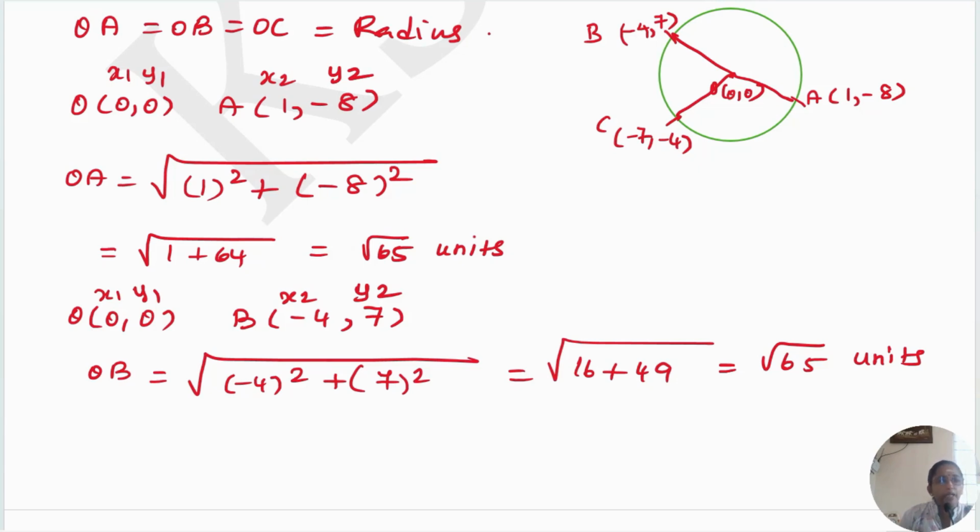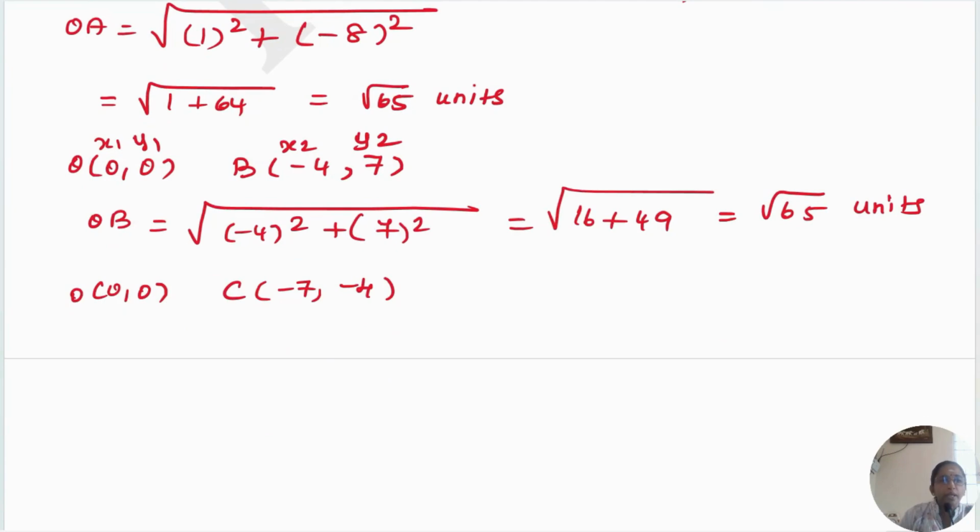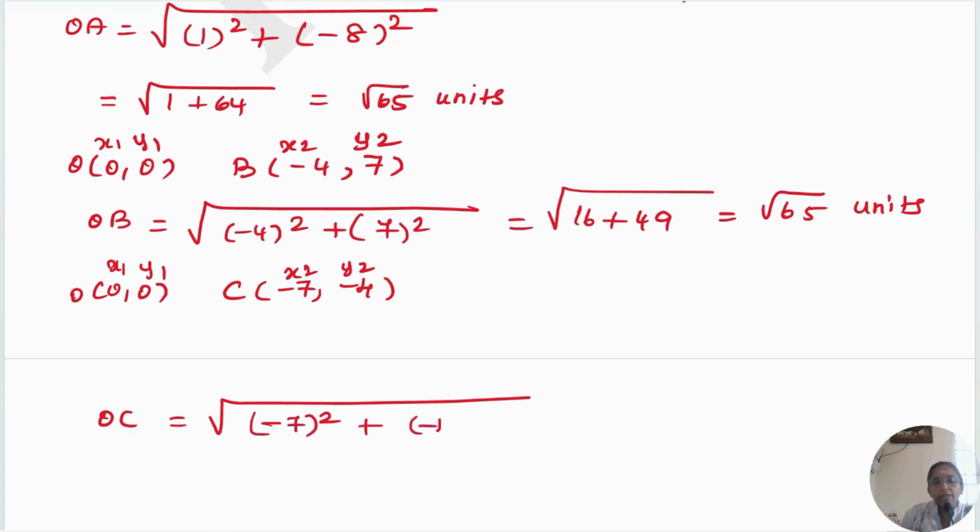And similarly, you calculate OC. O is (0, 0) and C is (-7, -4). So OC is equal to square root of (-7 minus 0) the whole square plus (-4 minus 0) the whole square.